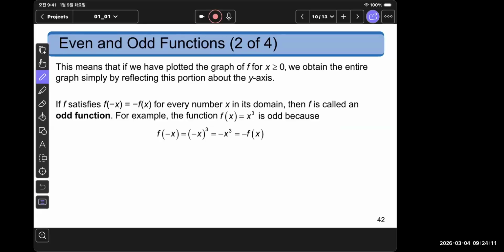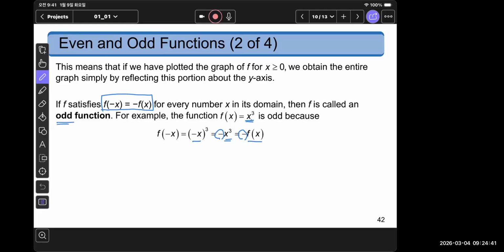Some functions, on the other hand, satisfy this property. For example, if I consider the x cubed function, when you plug in negative x in place of x, you get negative 1 times x cubed. So that is the negation of f of x. If your function satisfies that property, then such a function will be called an odd function.